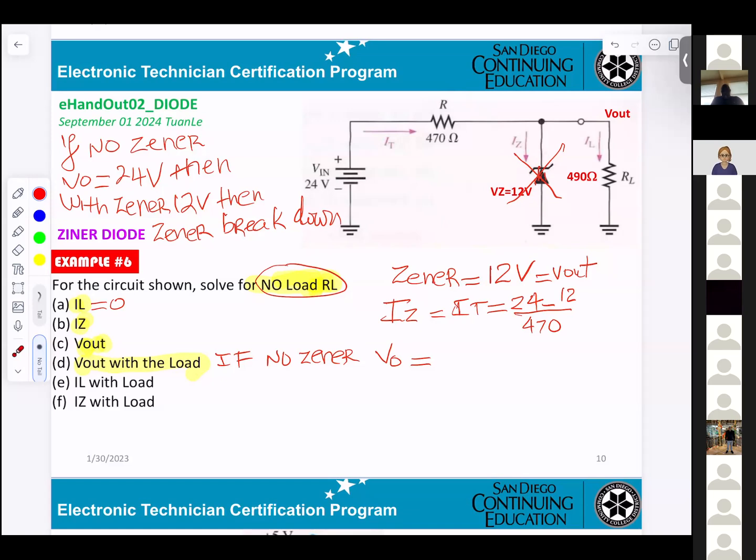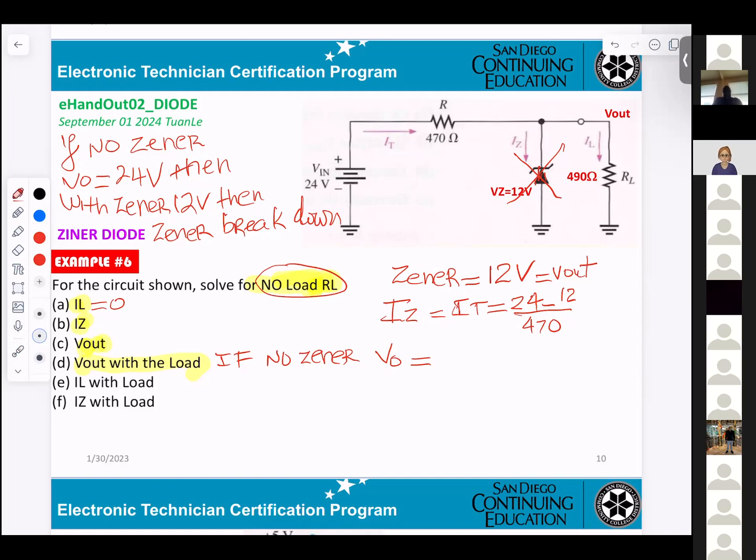How do we calculate it? Voltage is current times the resistance, so you know the current, right? And the resistance is RL and R. How can we calculate it? Using what formula? You have to use the voltage divider law.